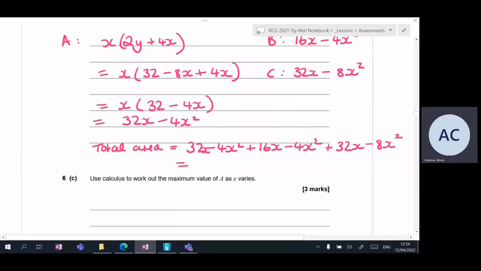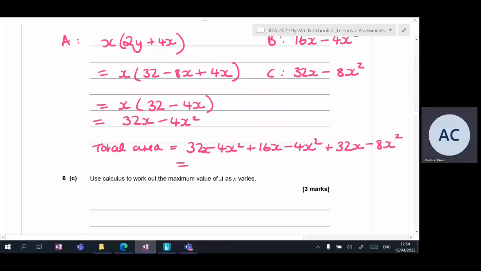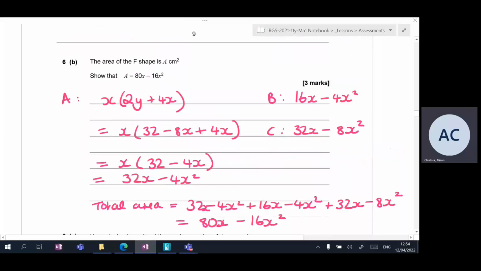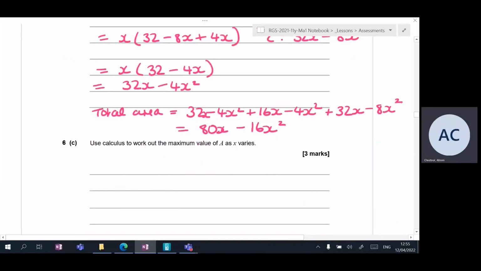We've got 32, another 32, and 16. I'm not going to rely on my brain for this. Okay, so we've got 80x. Then we've got minus 4x squared, minus 4x squared, minus 8x squared is minus 16x squared. Okay, and then that was what the show that was. So we know we've got that question right as well.